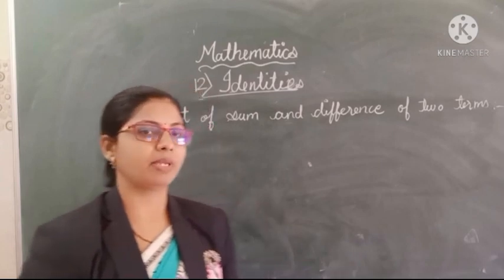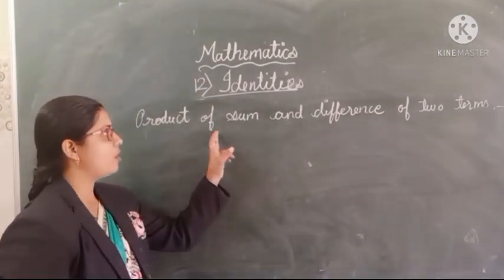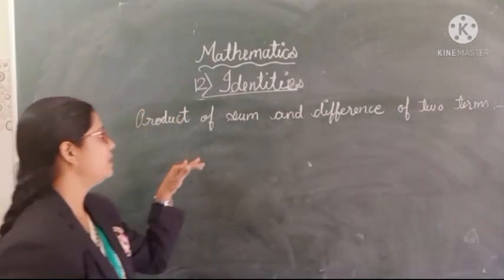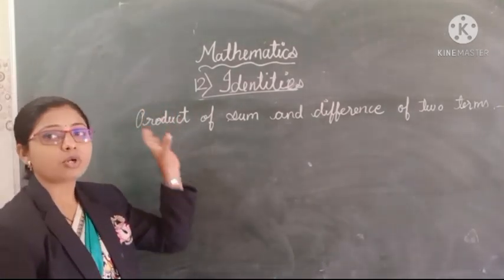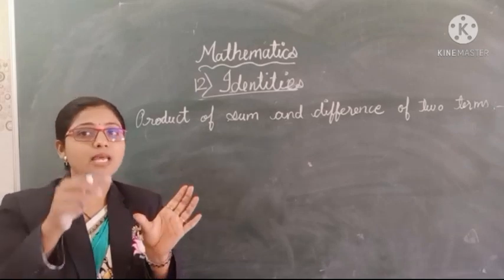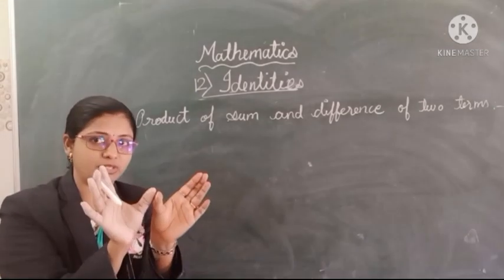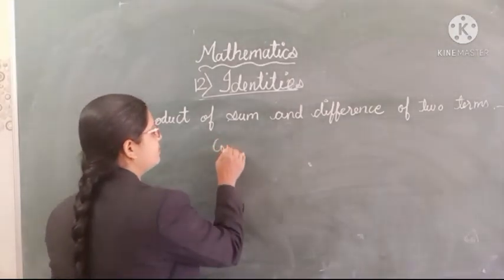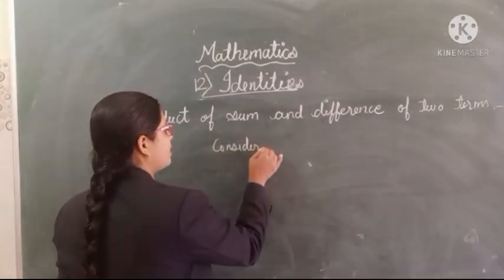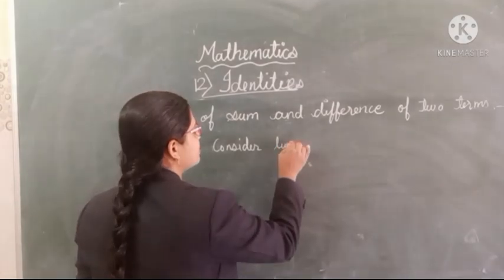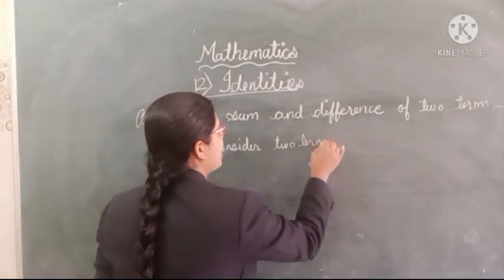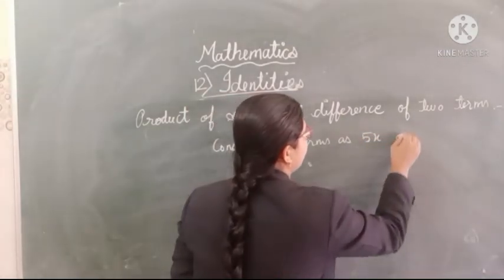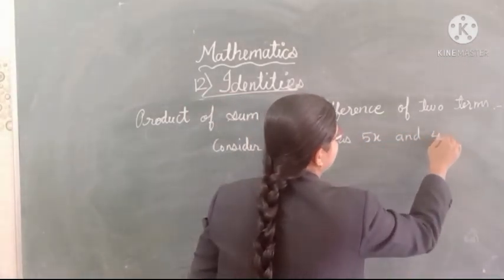Now the next topic is product of sum and difference of two terms. So how will it be? Suppose we have to take the product of the sum and difference of two terms. So we will consider two terms as 5x and 4y.